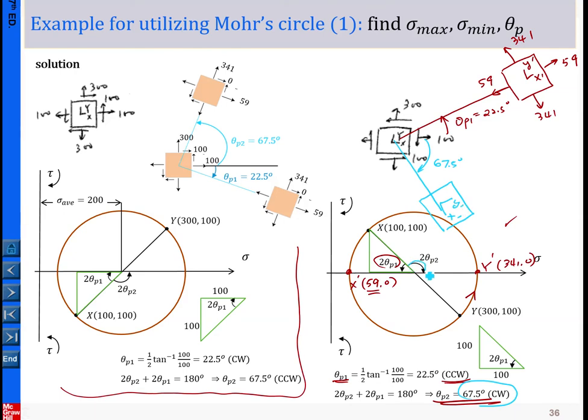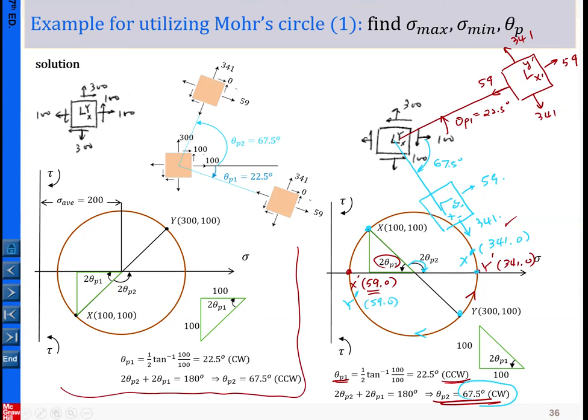If you choose this sense, then x will move to x prime, and y in this sense will move to y prime. So x prime will be 341, 0, and y prime is 59, 0. So in y prime, this is 59 here. The same thing.